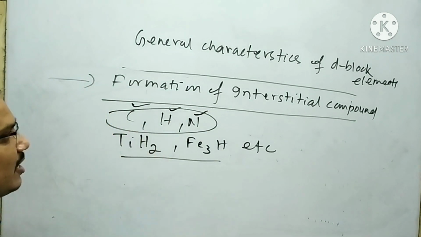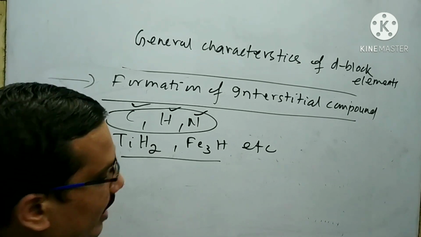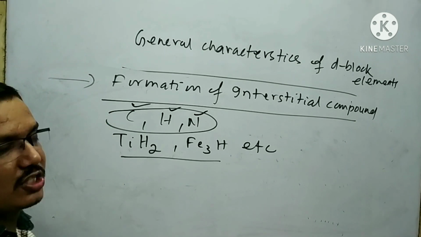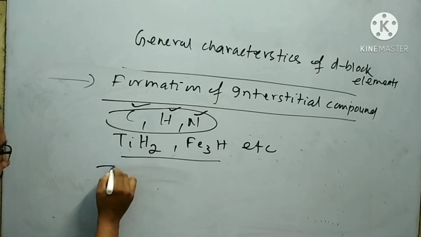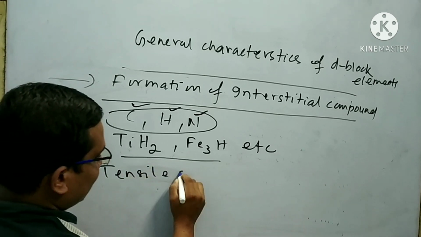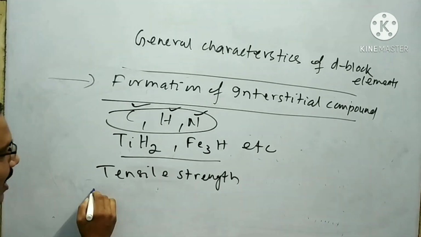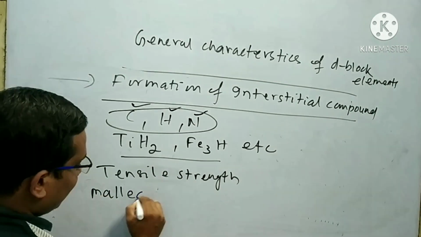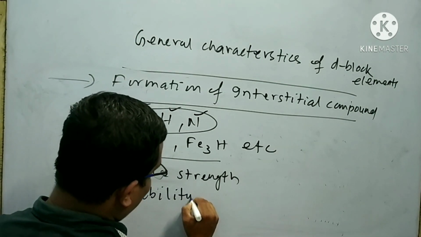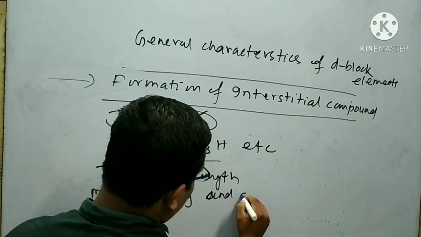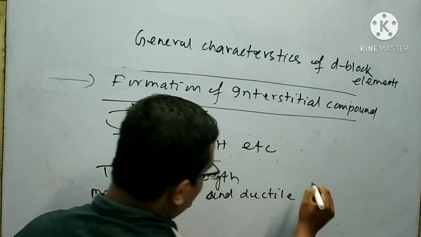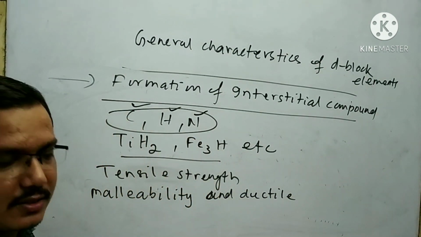That's why transition elements have more tendency to form interstitial compounds. Due to this, the tensile strength increases while the malleability and ductility of the metal decrease.